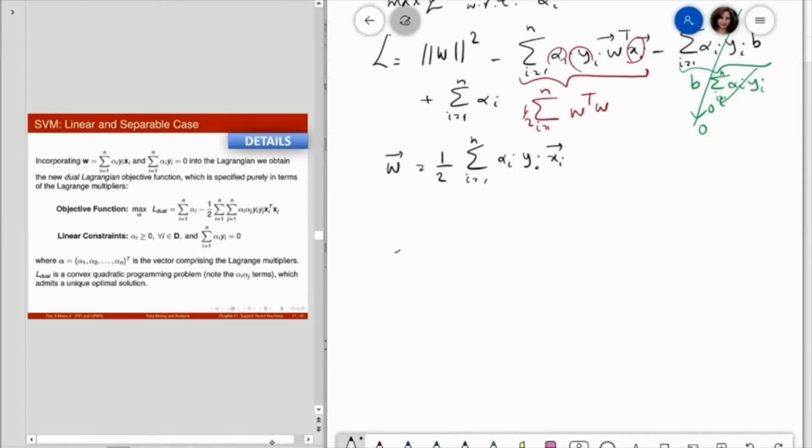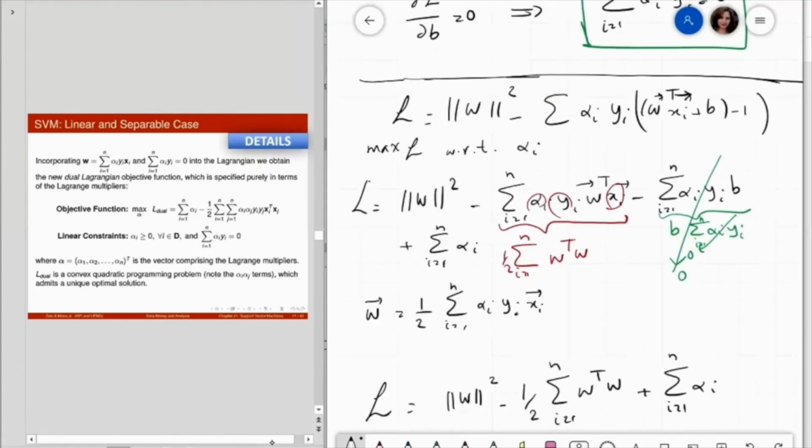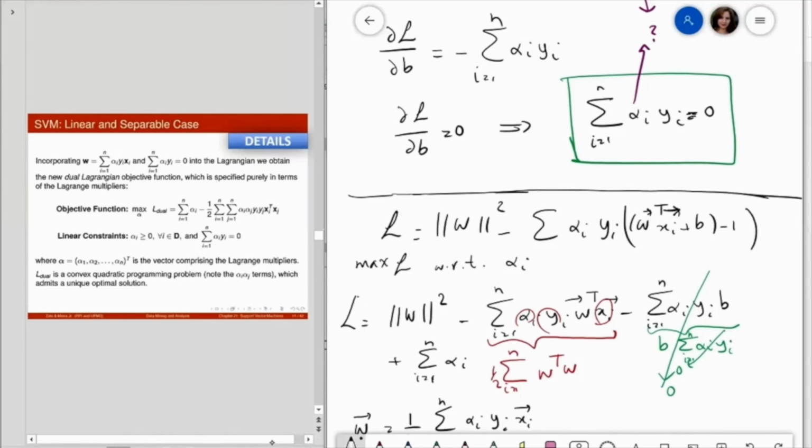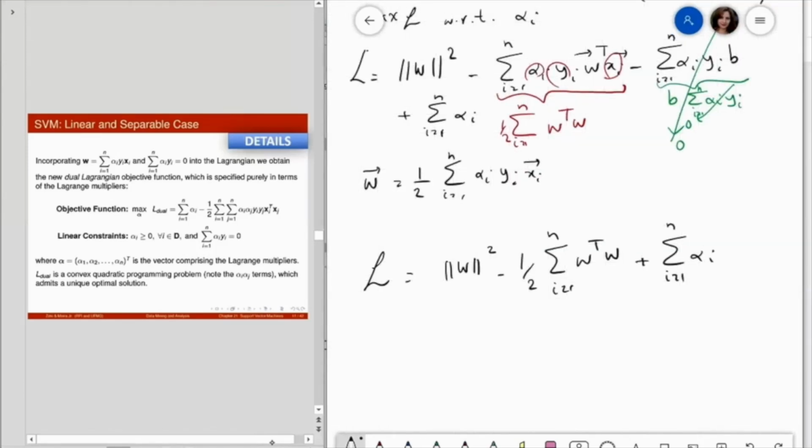So L is going to be equal to the norm of W minus 1/2 sigma W transpose W, plus sigma alpha i, i from 1 to n. By putting back the results from the previous section, we got from this L to this new L.